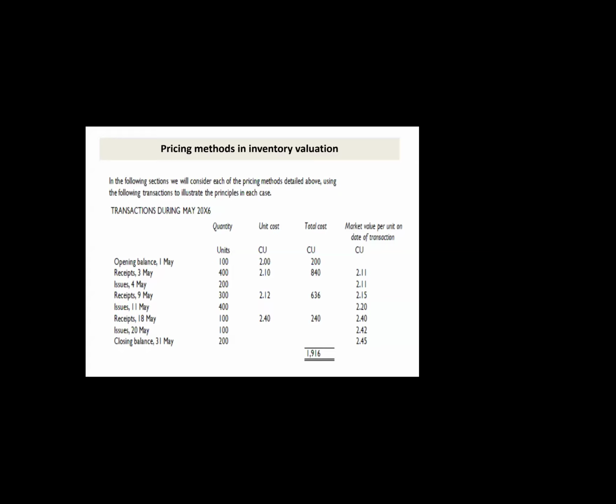So total units 300 plus 300, 600, and value of inventory 624 plus 636 equals 1260, right? Yes, 1260. So value per unit is 2.10. On May 11, we issued 400 at the rate of 2.10.